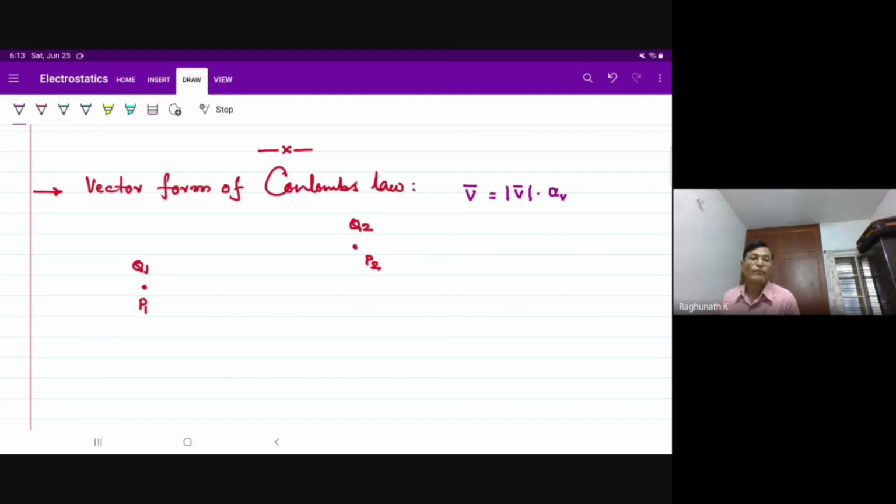Listen carefully. To determine the force on Q2, I will talk about the vector R12 bar. Going from 1 to 2, the position vector of point P2 with respect to P1 is R12 bar.